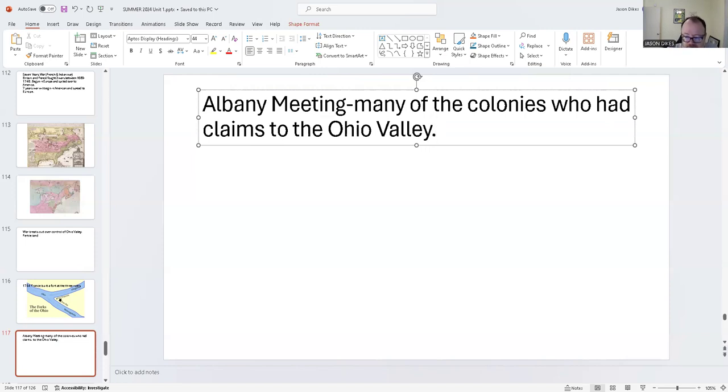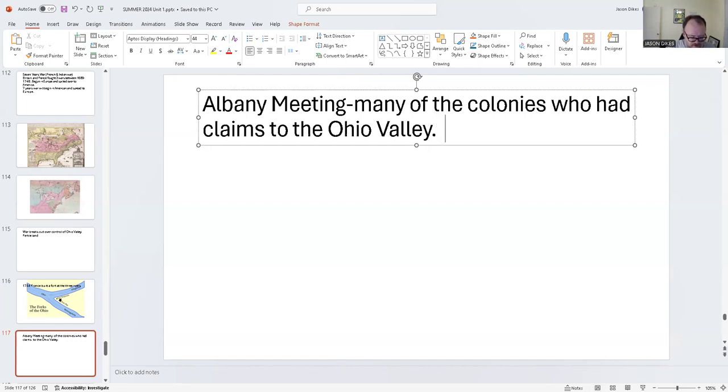So Pennsylvania, Virginia, some people from New York, some people from Pennsylvania, I already said Pennsylvania. Not all the colonies, but a bunch of the colonies. And I don't have an exact number, but a lot.